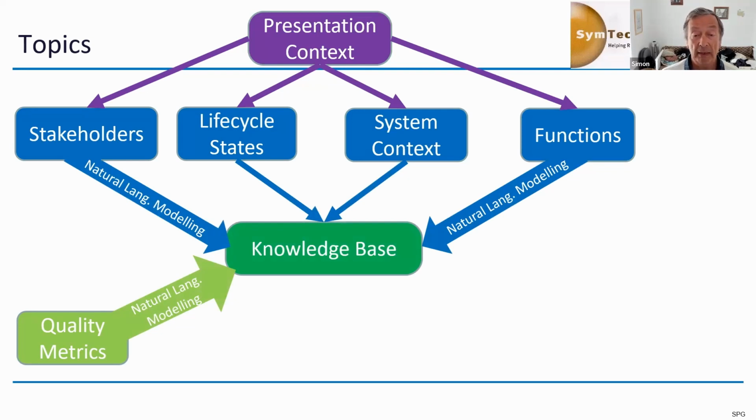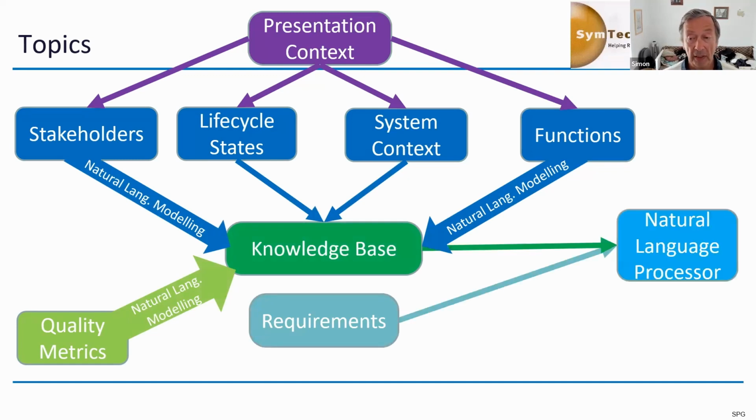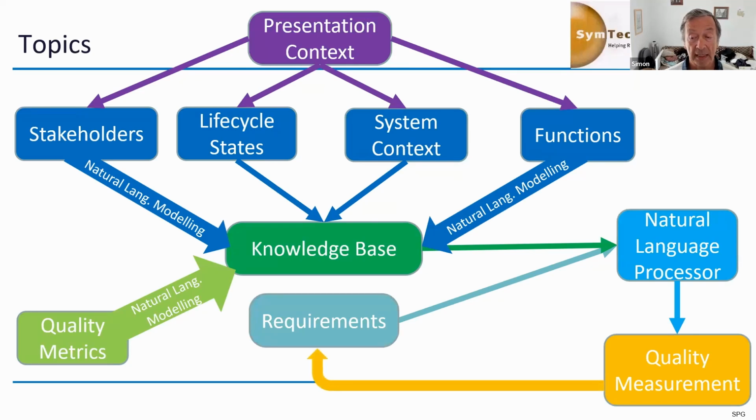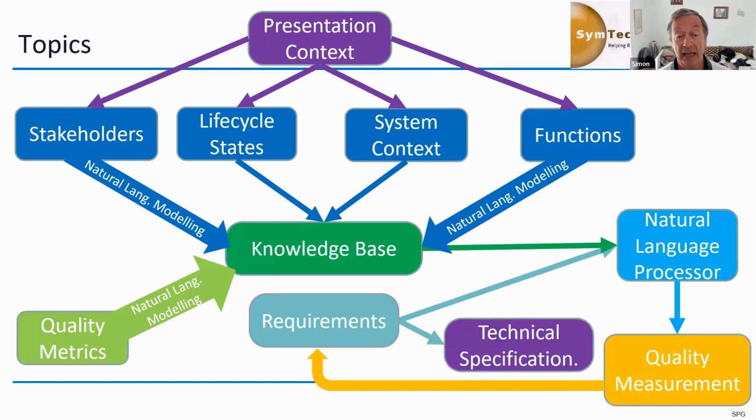As a result, when we wrote requirements, we were able to combine all this with a natural language processor to give us quality measurement. How good were our requirements? This was then used iteratively to improve our requirements expression over many months, so that when we issued our technical specifications, we knew we had a very good chance of communicating all our ideas to the bidders.